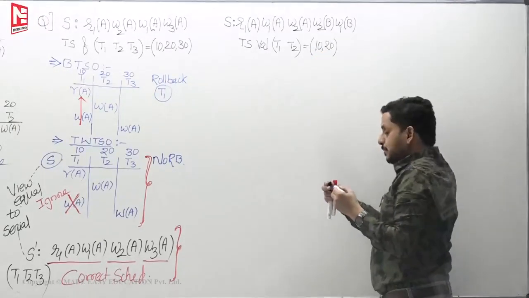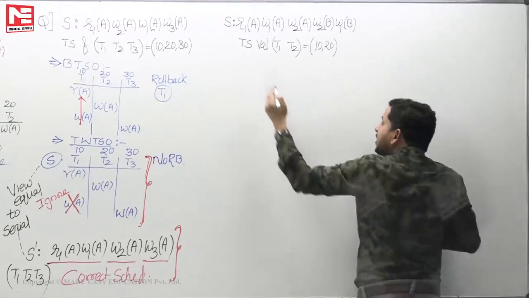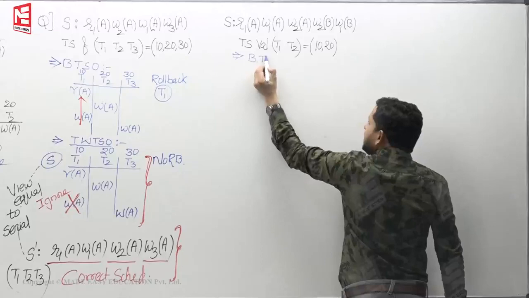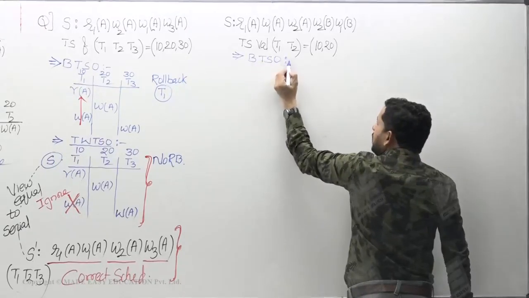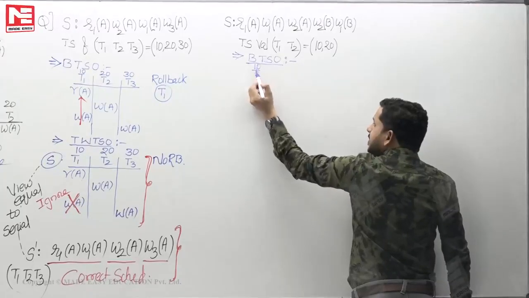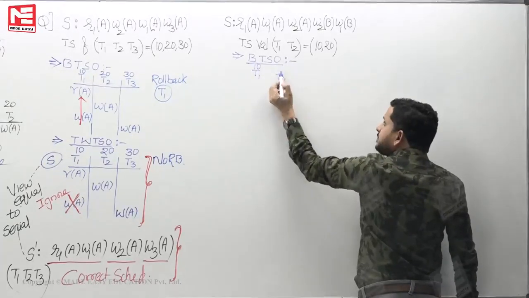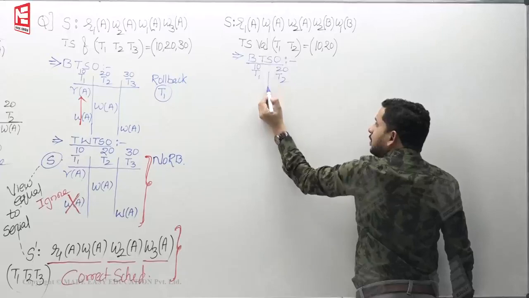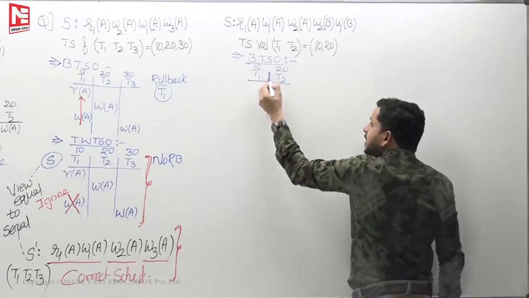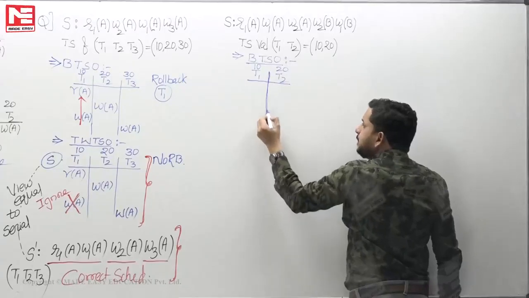Okay, let us see what happens if you go for basic timestamp ordering protocol. T1 timestamp 10 and T2 timestamp 20.